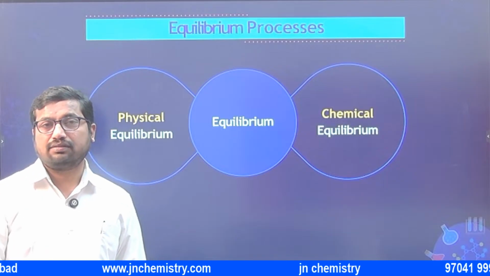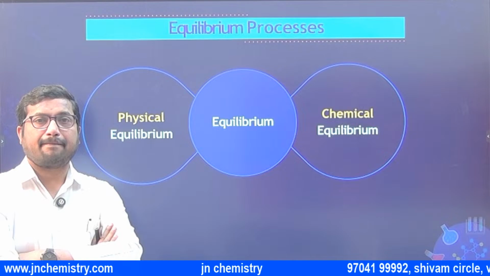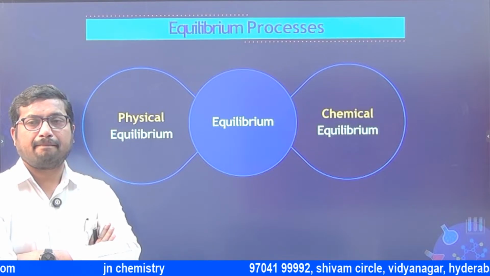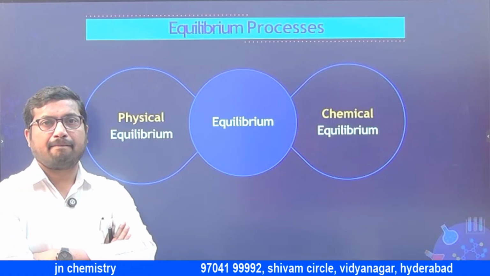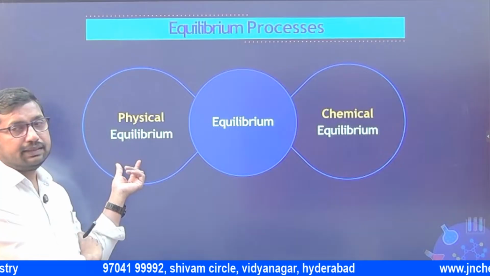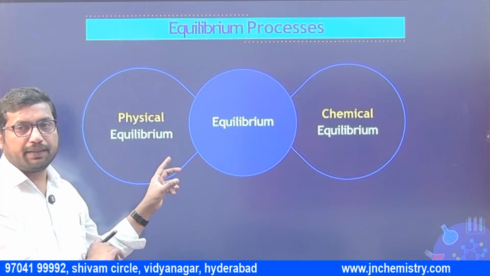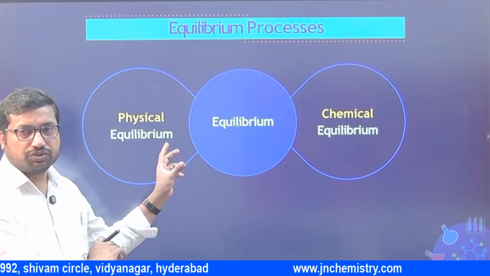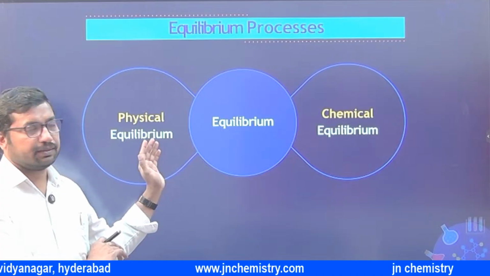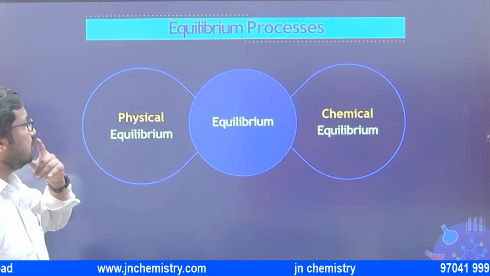In physical change, there is no change in the chemical formula. H2O remains H2O, solid becomes liquid, liquid becomes solid, and equilibrium is established. Chemical equilibrium is like N2 plus 3H2 gives rise to 2NH3. We'll discuss it here.